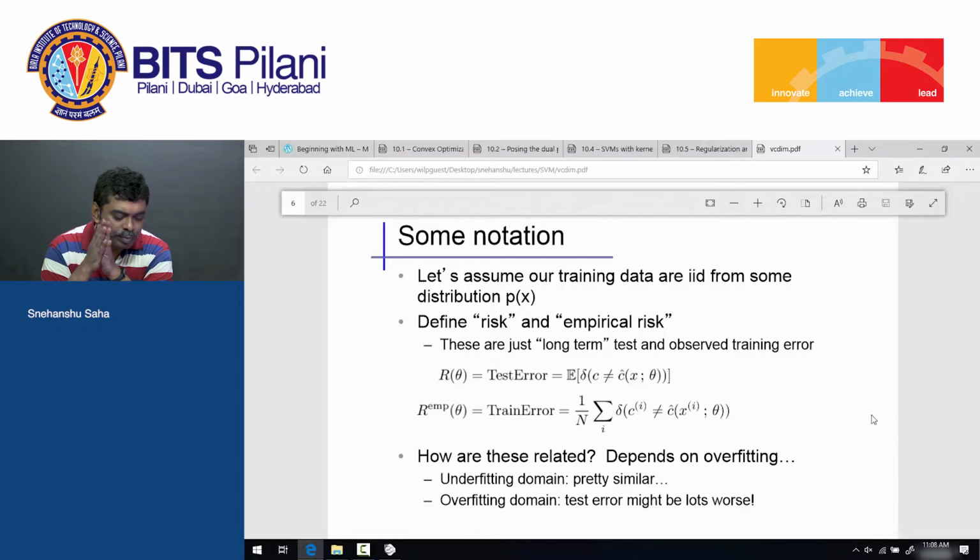This is nothing but long-term test error and observed training error. The long-term test error is basically the expectation of your delta function that the classifier does not fit the predicted class well, and the empirical one is just the training error, that is, a training instance does not fit the predicted class.